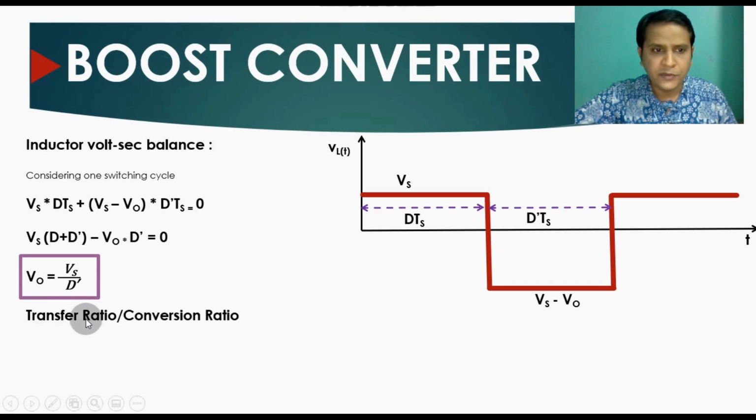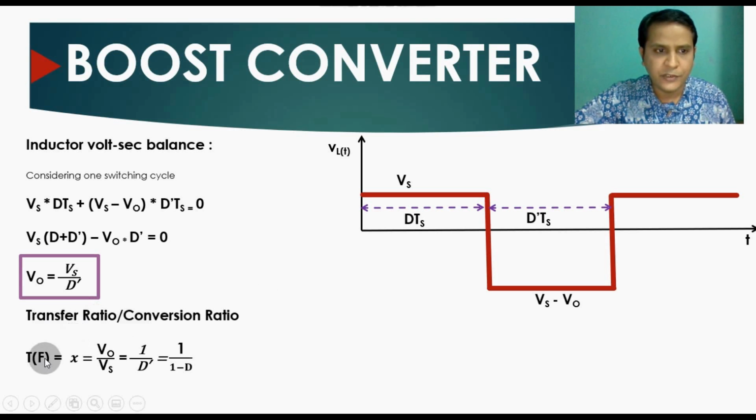Now if you want to find out the transfer function or transfer ratio or conversion ratio of your boost converter, let us say it is given by TF, or small x, given by the output divided by input voltage, V out divided by Vs, which equals 1 by D prime.